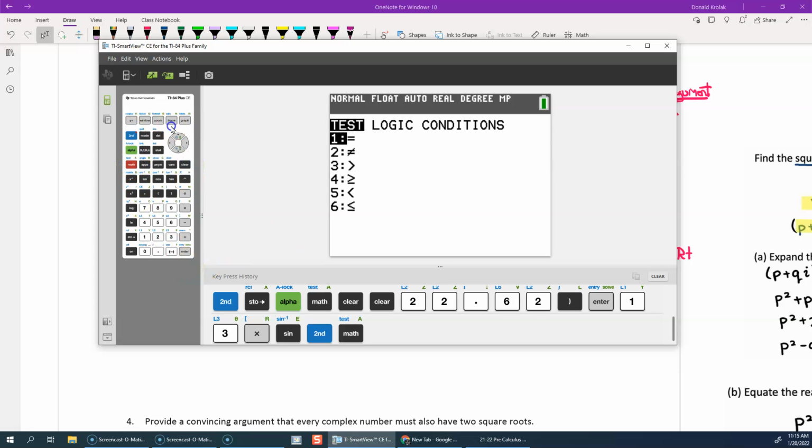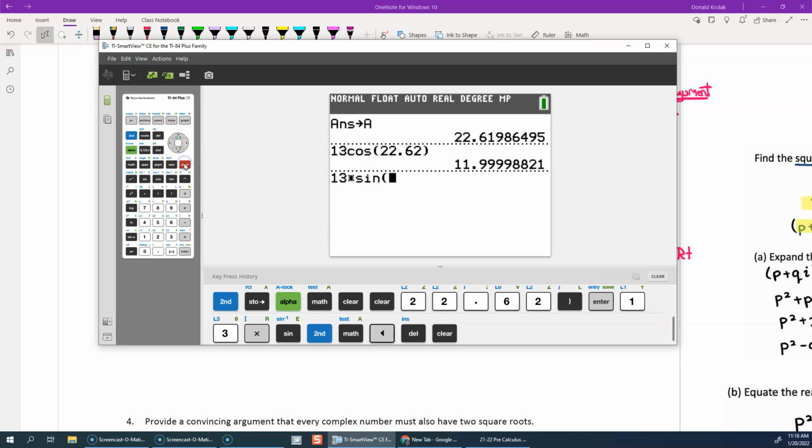Sorry, keep hitting the wrong buttons. Clear. Okay, I just want to hit alpha A. There we go. It's just putting in that long decimal, that's all.